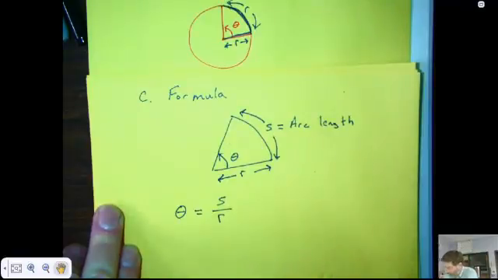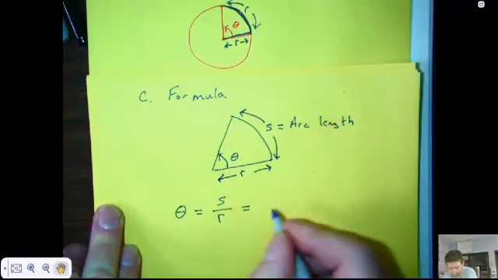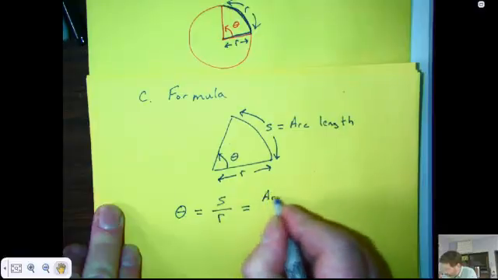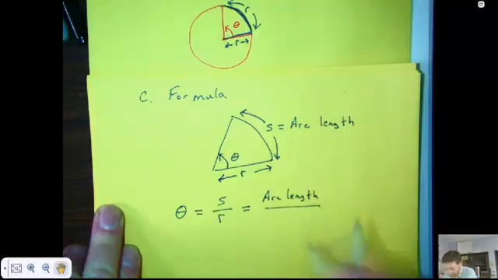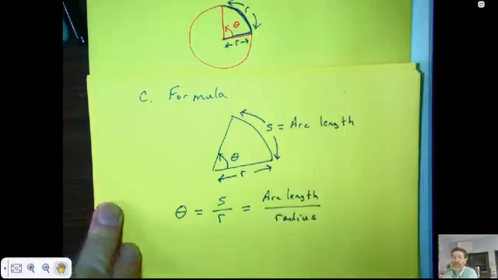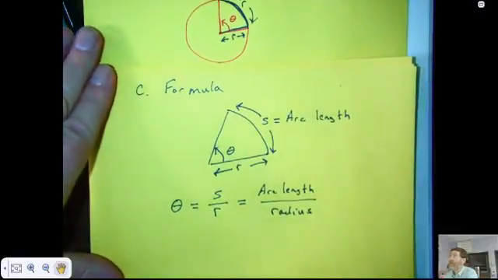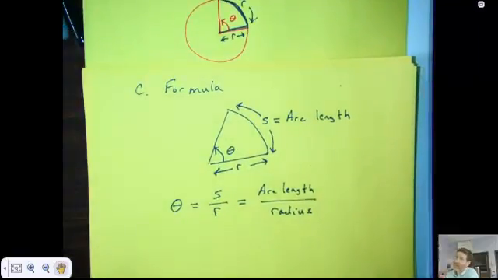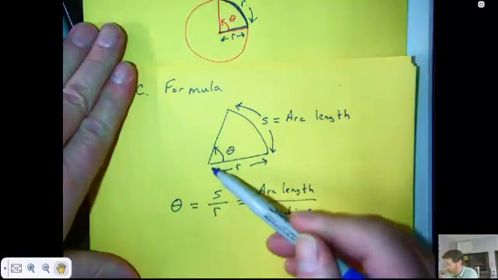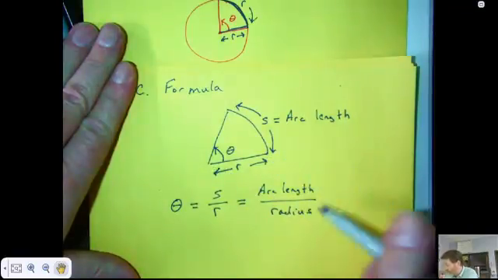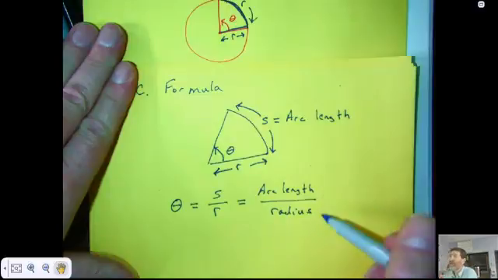So this is the ratio of arc length over the radius. Something interesting too as far as units go, the lengths of these typically would have the same unit, maybe they're both in meters or centimeters, but the units cancel out.